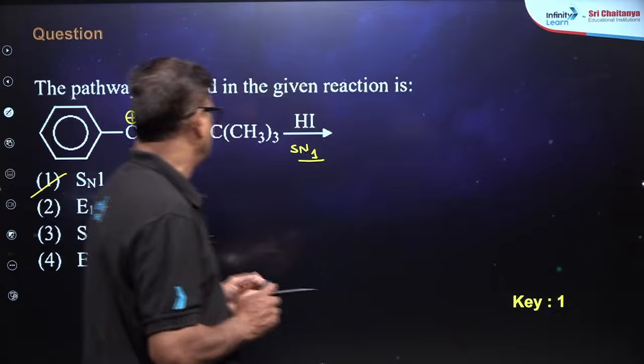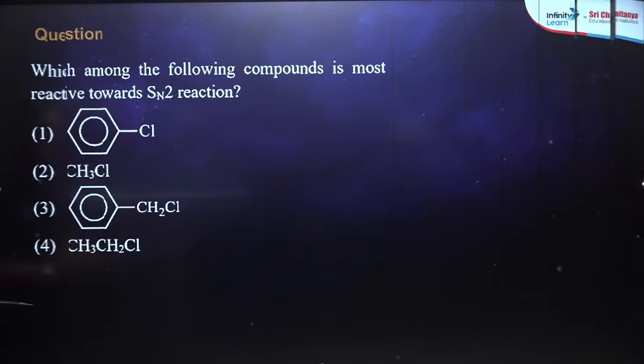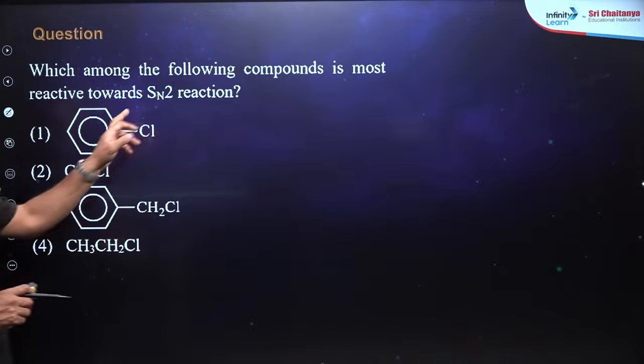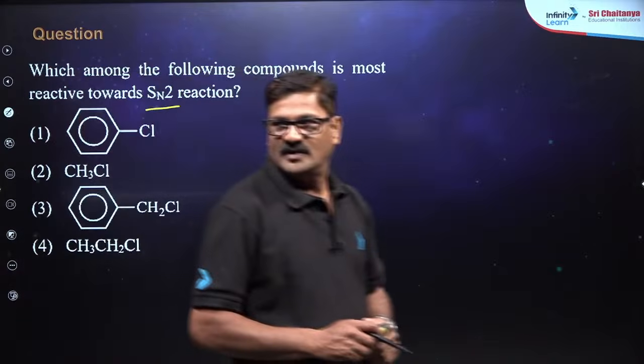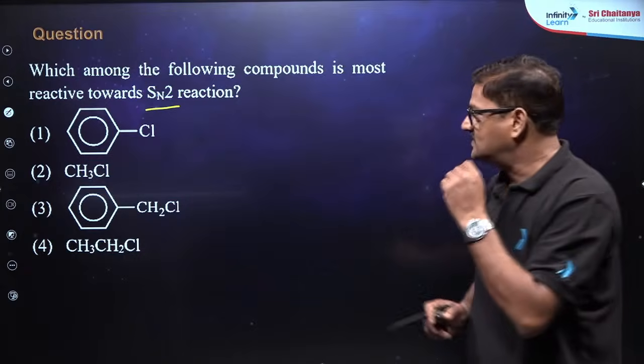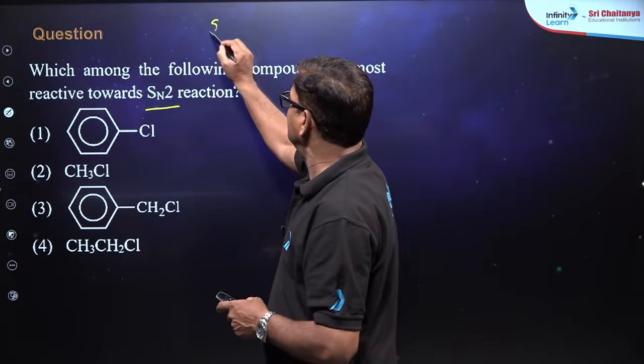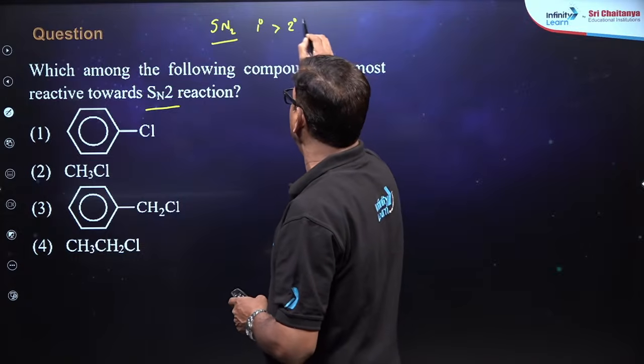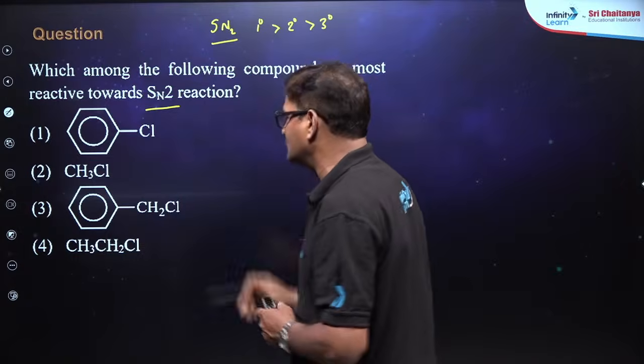Next, one more question. Which of the following compounds is most reactive towards SN2? As we know, in SN2 reactions, primary alkyl halide is more reactive than secondary alkyl halide, which is more reactive than tertiary alkyl halide.